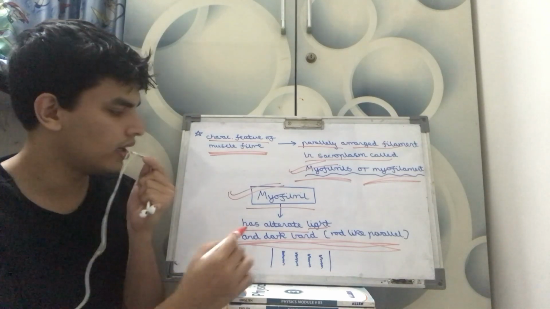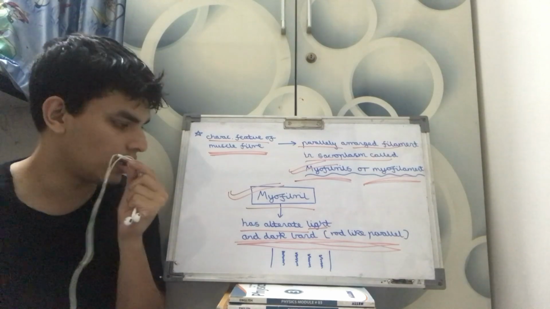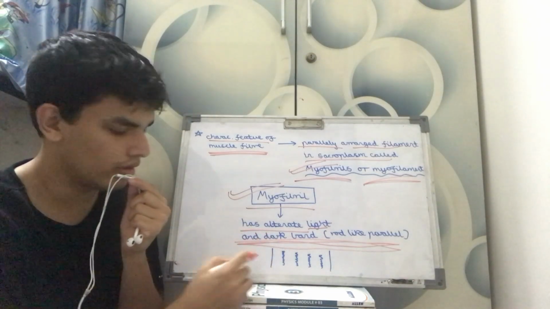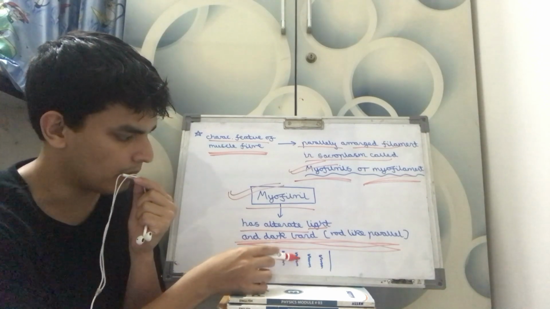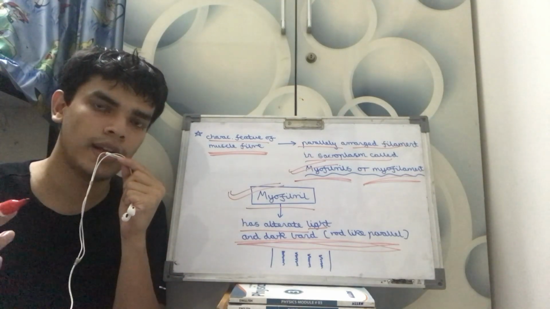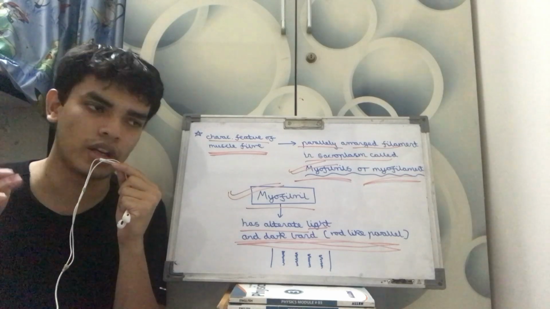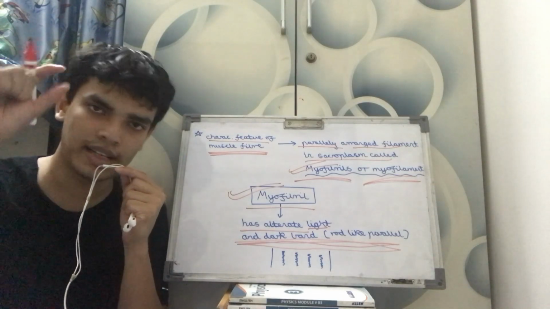So the myofibril has alternate light and dark bands. They are like parallel. And I've drawn it this way to show the dark band, light band, dark band, light band, dark band, light band. In physics you have done the Young's double slit experiment. उसमें कैसे bands आते, right?